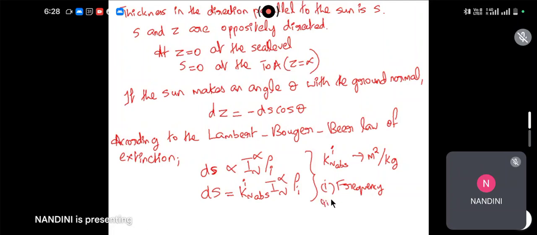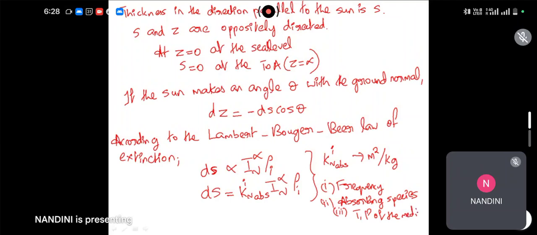It is also dependent on the identity of the absorbing species, here the atmosphere, and on the temperature and pressure of the medium, T and P.